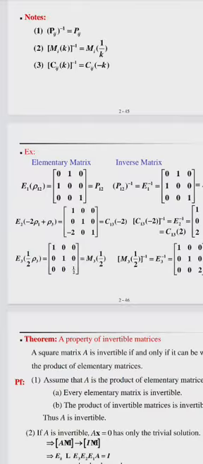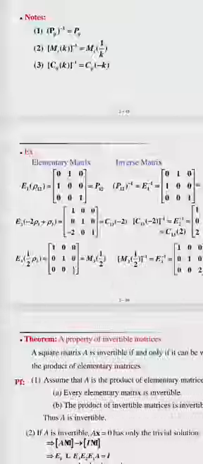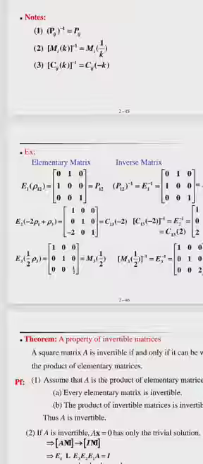Example: elementary matrix and inverse matrix. Then write the elementary matrix E1 of R12 equal to 0 1 0 1 0 0 0 0 1, that is equal to P12. Then write the inverse matrix, P12 the whole inverse. First note: Pij the whole inverse equal to Pij.